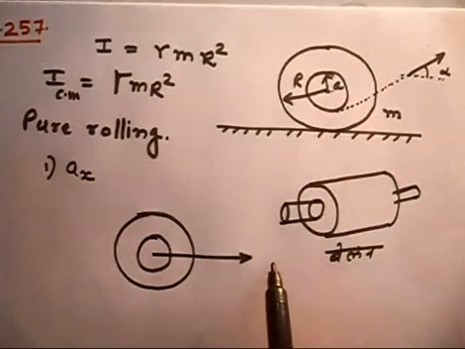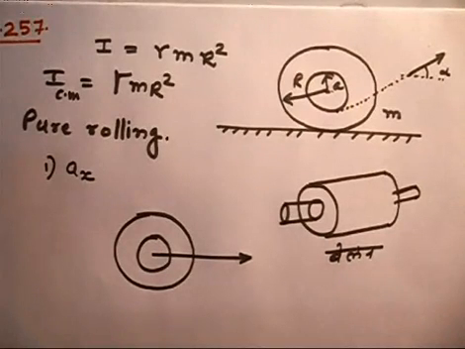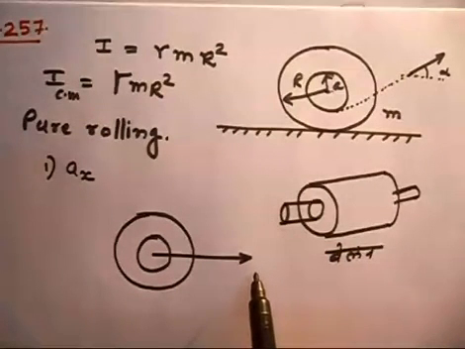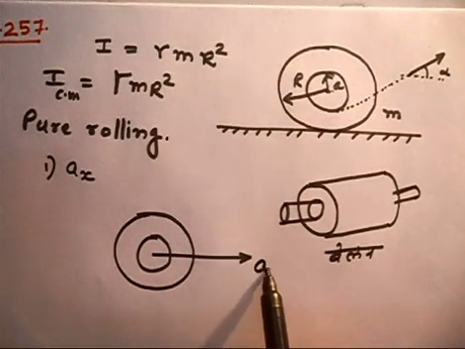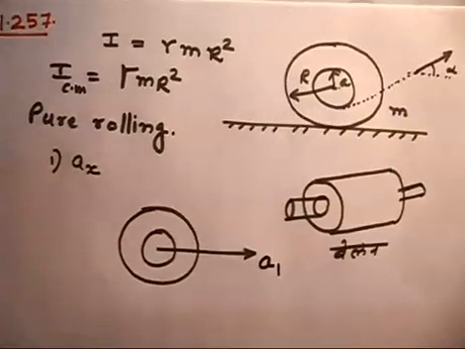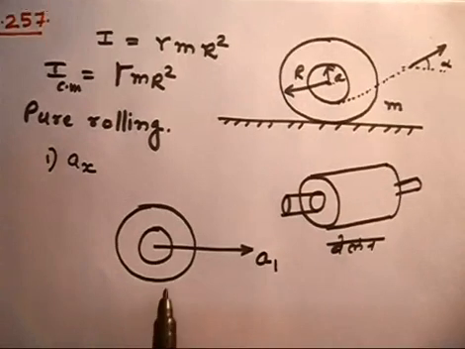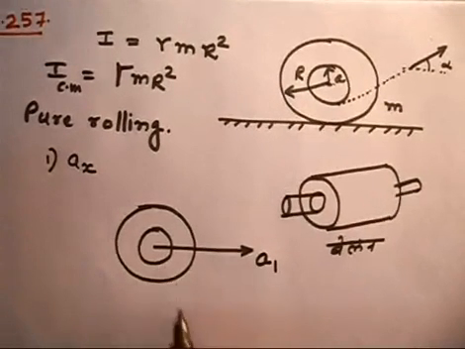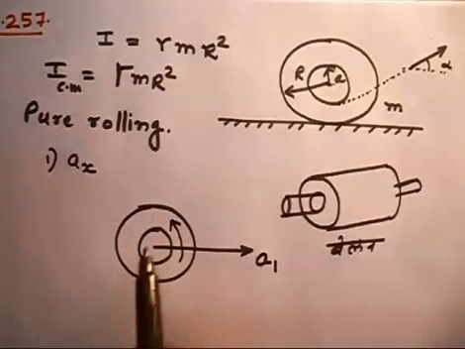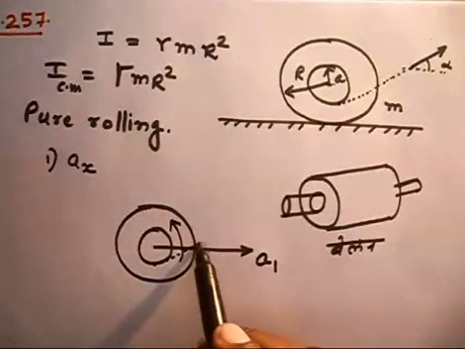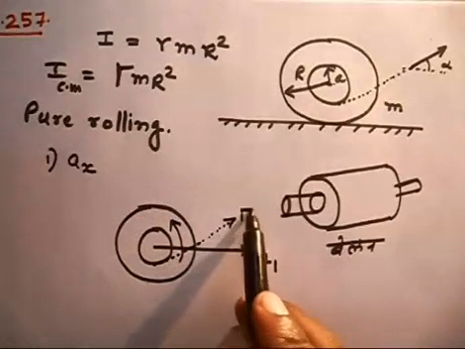Let us call this acceleration A1. Now this can go in this direction and this can roll also. So let us assume it is rolling in this way, so it is unwinding. There is a force also acting here, this force F.